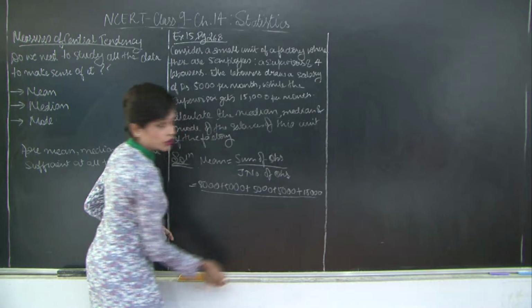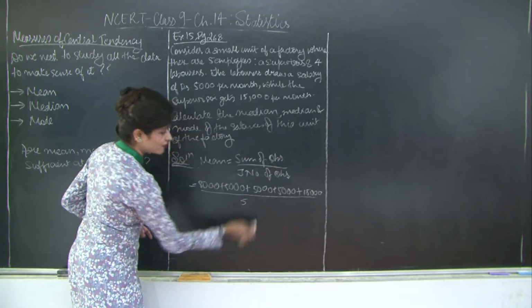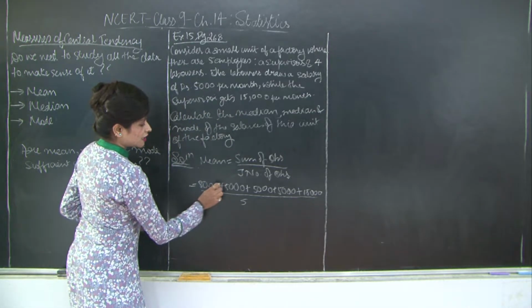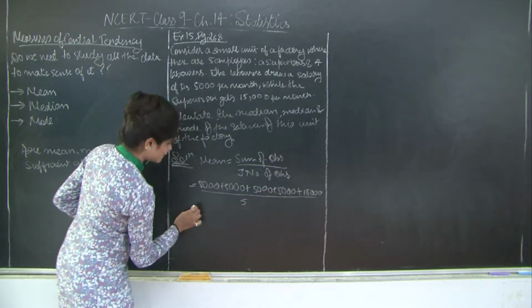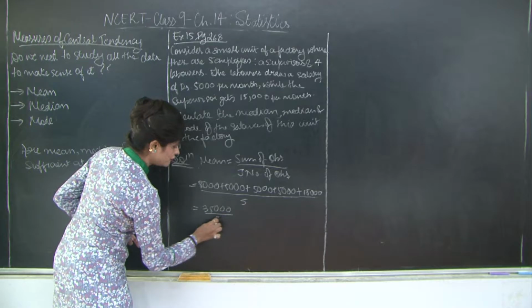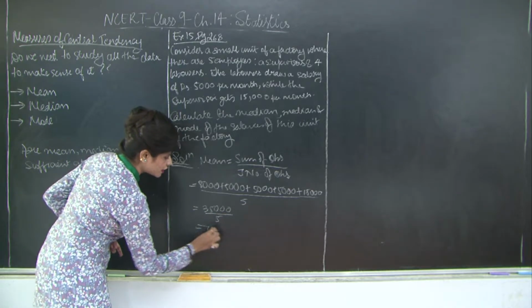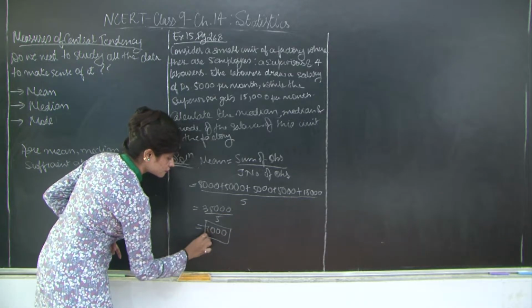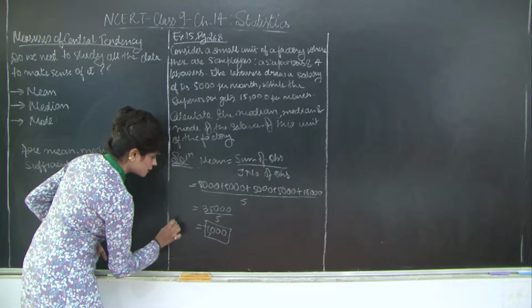And how many workers are we talking about? We're talking about 5 workers. So you get 10, 20 and 35,000 upon 5, which is equal to 7,000. So this is your mean.